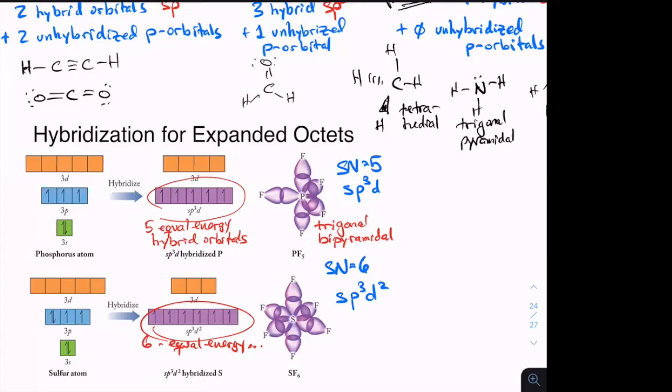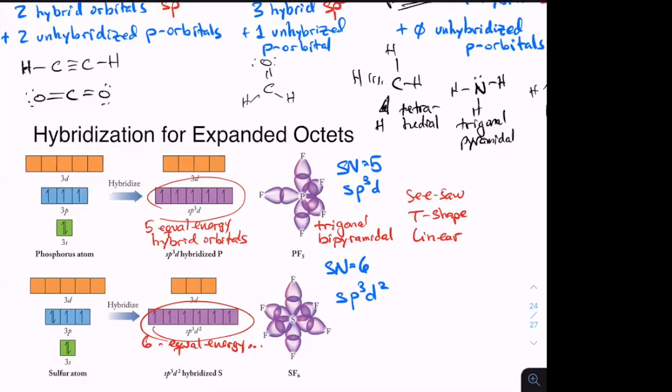And if you have only 4 of the 5 bonded to atoms, you're going to have this seesaw shape. Or if you have only 3 of the 5 bonded, you'll have a T shape. Or if you have only 2 of the 5 bonded to atoms, you can actually form a linear shape. This is all stuff that we talked about earlier with VSEPR theory at the different steric numbers, but now you're seeing it again from a different angle.